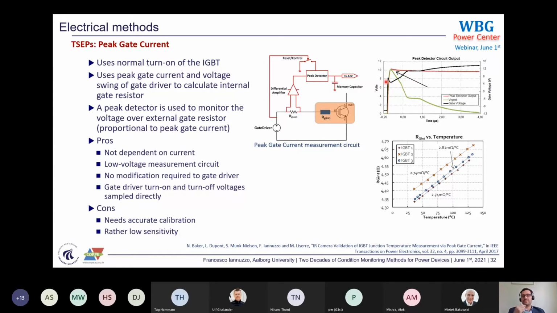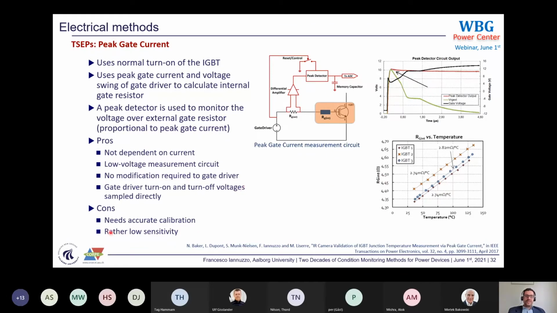The black one is the gate voltage, and the green one is the voltage across the measurement resistor, and the red one is the output of this circuit, which is also including a peak detector, basically a sample and hold circuit, so that the red one, the final voltage, is proportional to the current which has been getting through the circuit. So you can work out easily what the current was, what the resistance was, and what the temperature was.